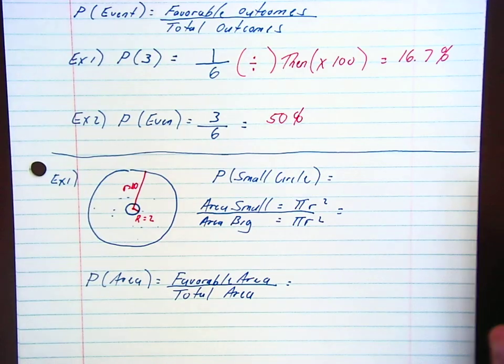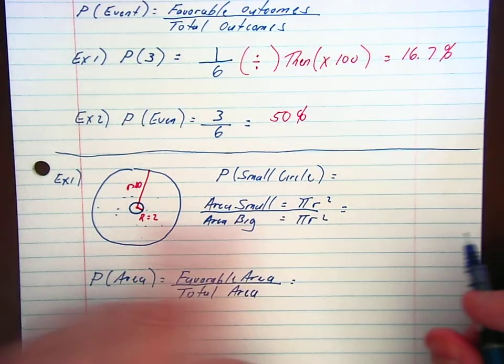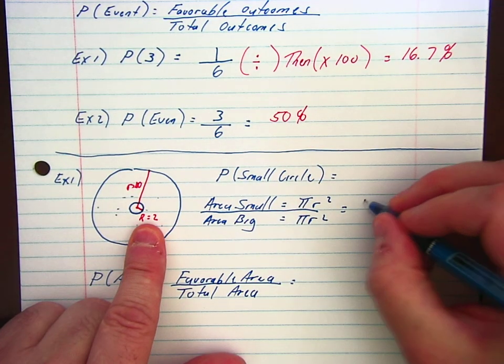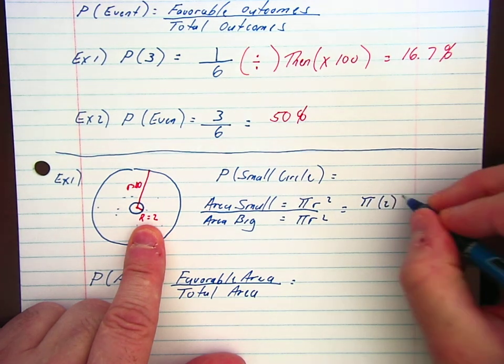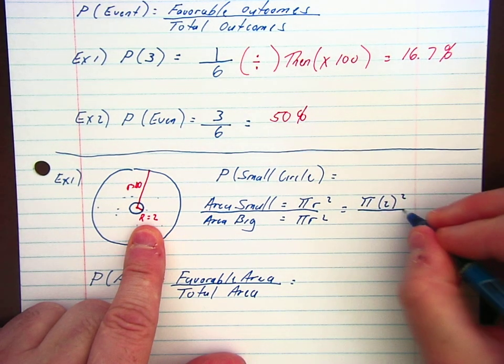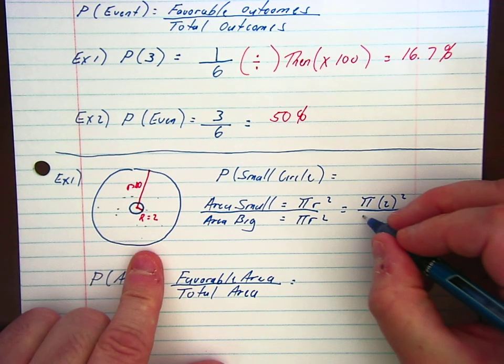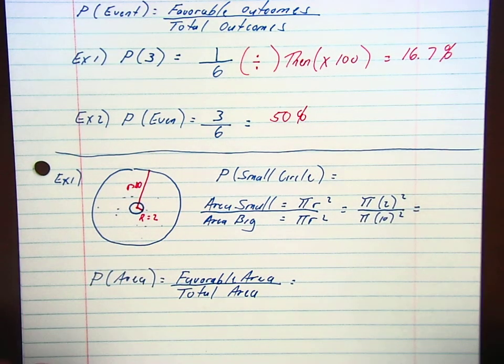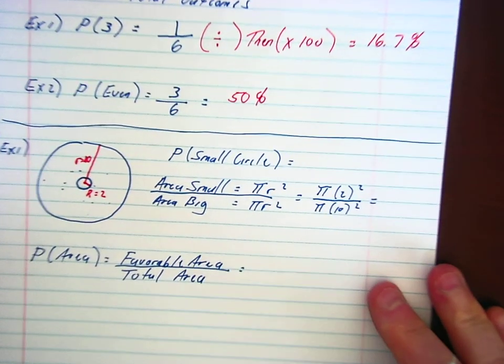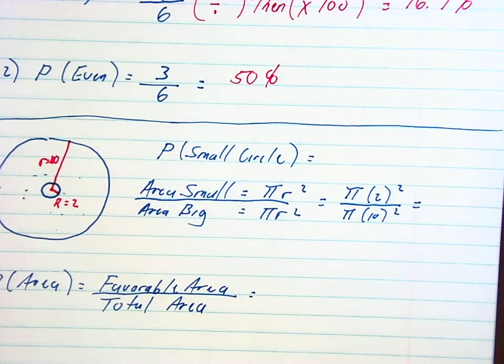Okay, so the small circle, the radius is 2. So this is going to be pi times 2 squared over the big circle, the radius is 10. Pi times 10 squared. And that's it. Put it in your calculator, get each value, and then we'll convert that to a percent.